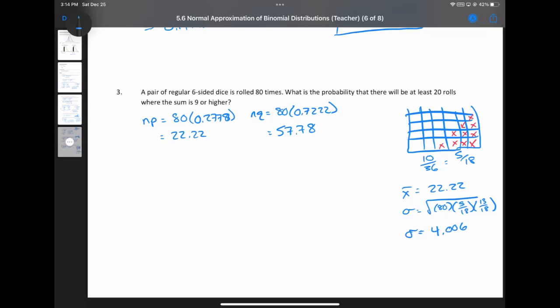So now the probability that at least 20 rolls works means 19 is not enough, 20 is. So I really need to do the 19.5 as my breaking point. Anything greater than 19.5 will be at least 20 when I round off to a whole number. So 19.5 minus 22.22 divided by 4.006.